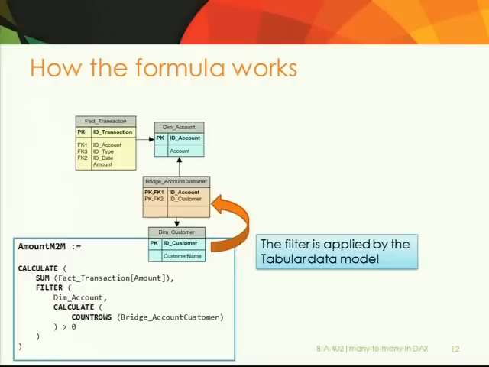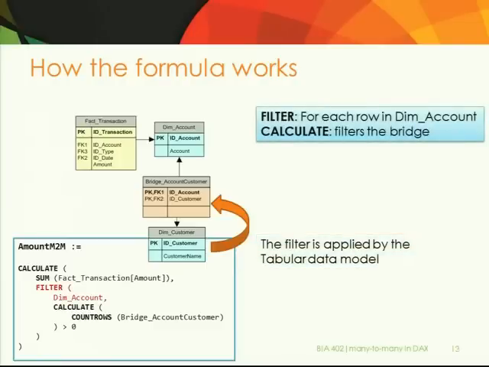But then we have the red part, this filter over dim account. Filter is an iterator. So it iterates over all the rows inside dim account, and for each of these rows, it computes calculate.